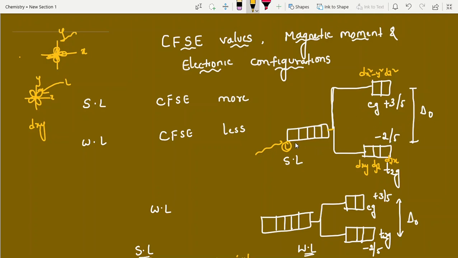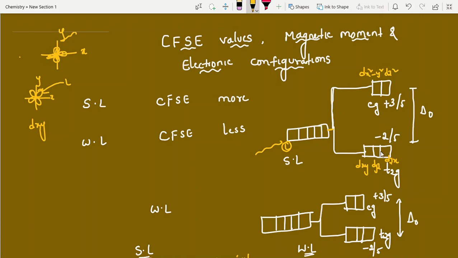If a strong ligand is approaching, the strong ligand effect is there, then more energy gap. If a weak field is there, less energy gap. You can remember it like this. Out of 5 orbitals, 3 orbitals are lower and 2 orbitals upper. Next one here also, one is down, one is up. So this is the t2g and eg, with the energy gap less in one and more in the other.